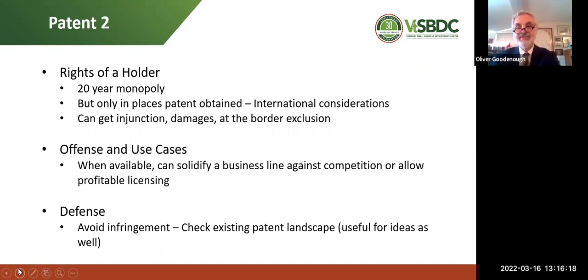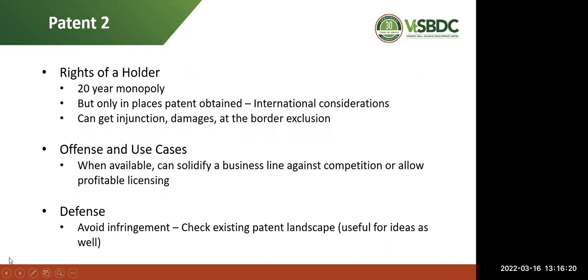Yes. Okay. So retail again, maybe is one of those areas where patents may not be used too often. However, we bring it back to the popsicle stand.